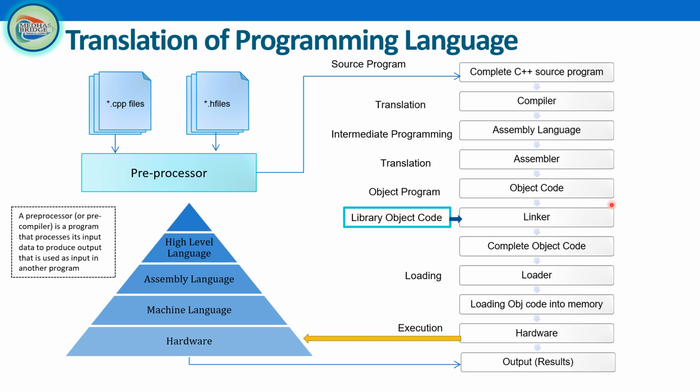Having said that, what will the linker do? Linker takes those object files and library code and links them to generate a complete object code. At this point, you will have a single file known as an exe file, an executable file. Now we have the exe file.